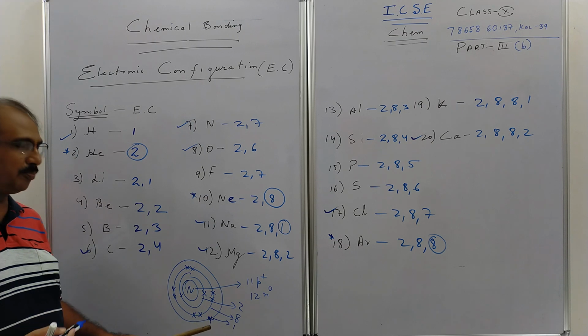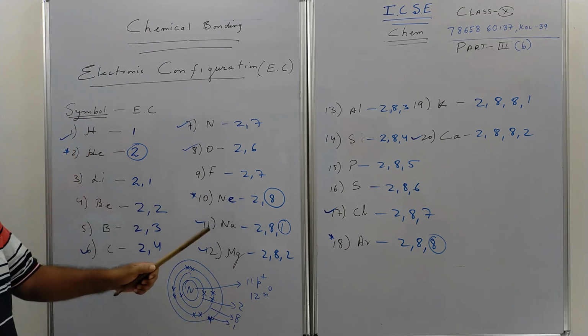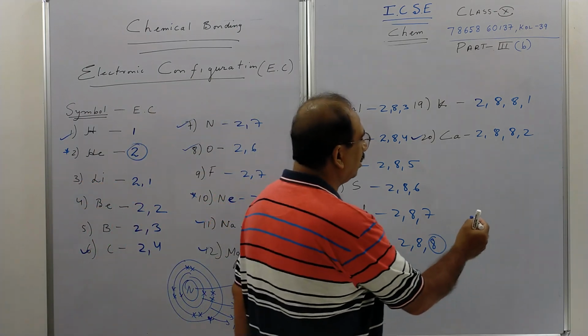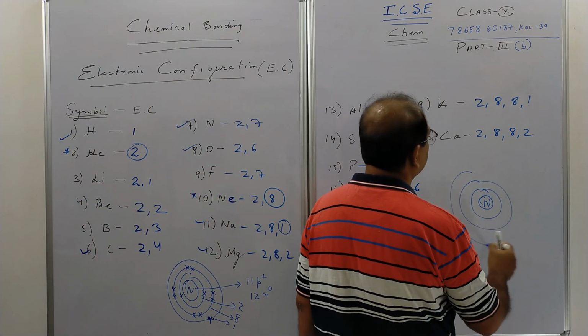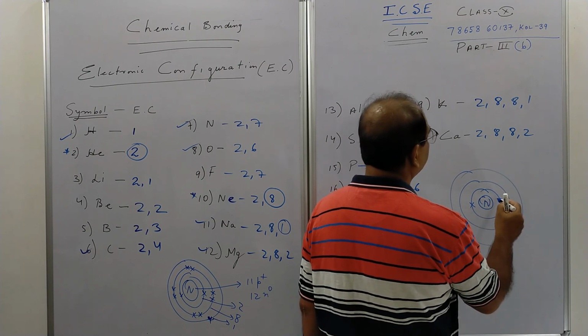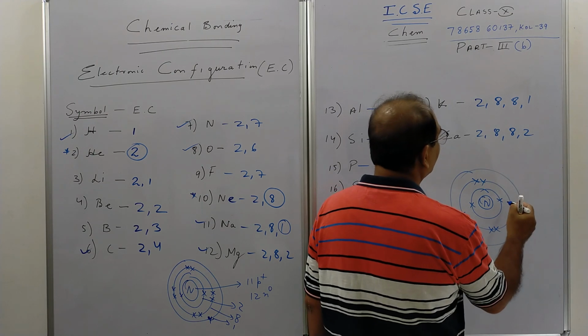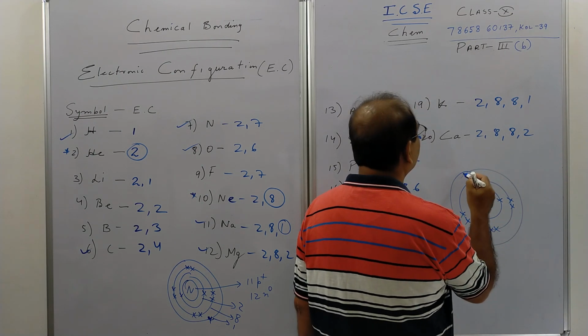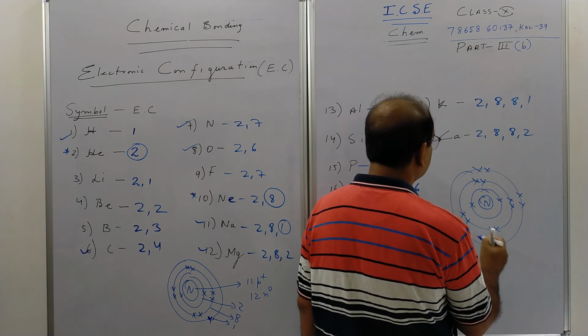Next topic I'll take is sodium chloride, where I'll show you sodium. And chlorine, children, has a nucleus. It has 2, 8, 7. Generally we draw in pairs, but in reality 7: 1, 2, 3, 4, 5, 6, 7.